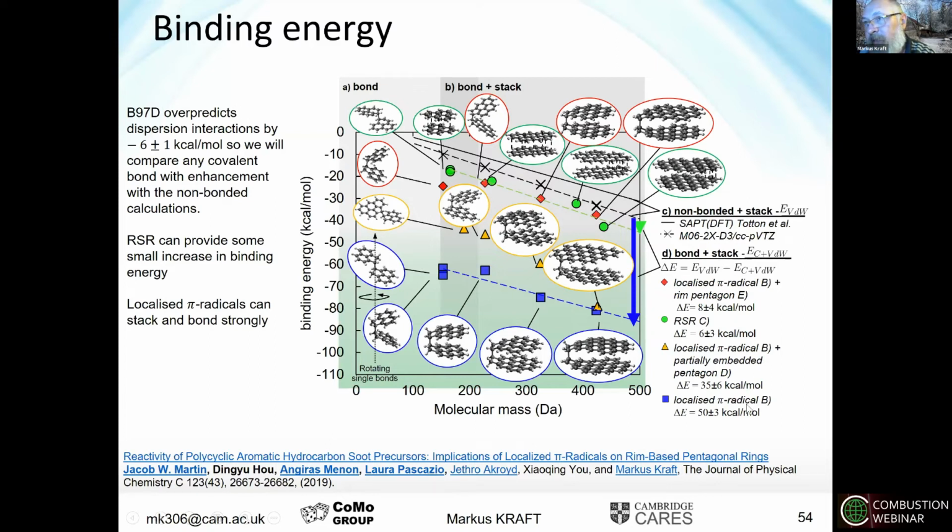These are the localized pi radicals, okay? And here you can see, number one, that even for small species, they're already quite stable. But as you grow them, you can see that there is a combined chemical and dispersion force that stabilizes this dimer.